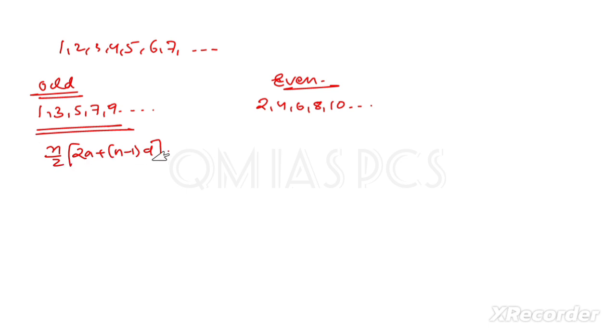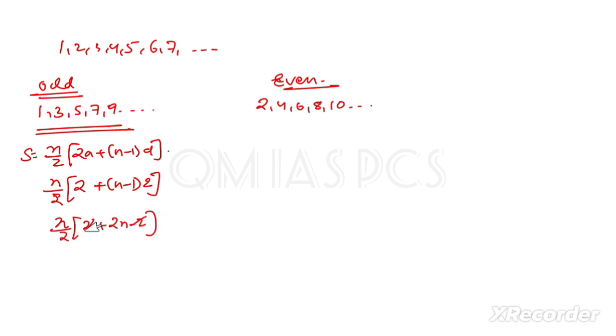Let's do this task. Here a is equal to 1, so we have n by 2 times 2 plus n minus 1, and d is equal to 2. See the difference, d is equal to 2. So here it is n by 2, and 2 plus 2n minus 2.